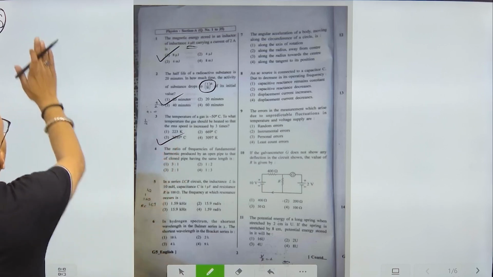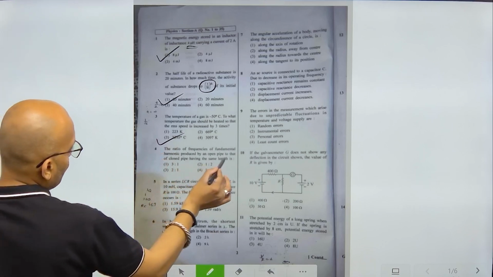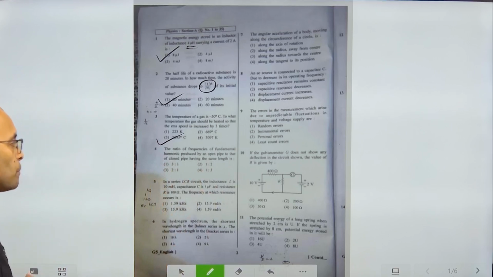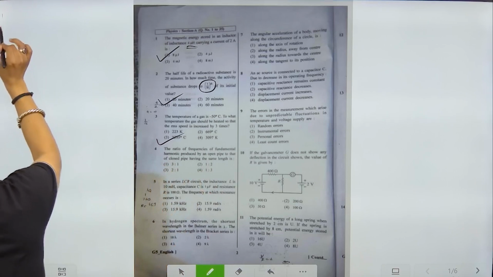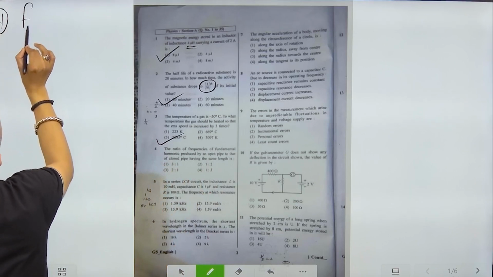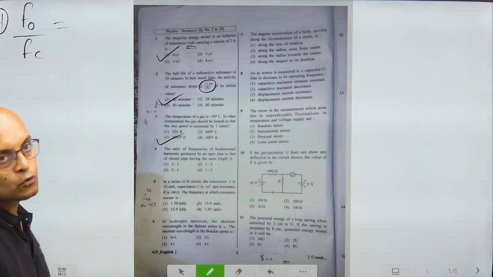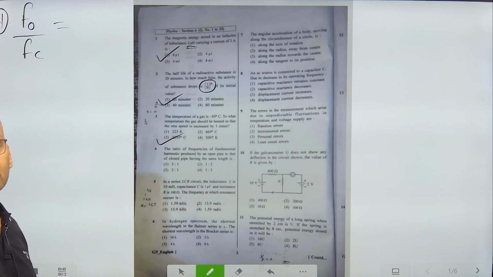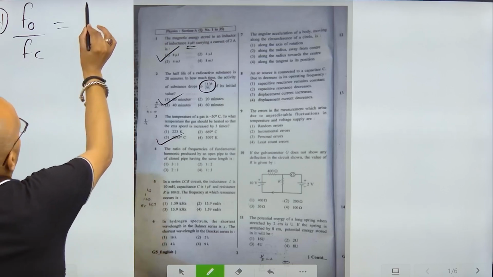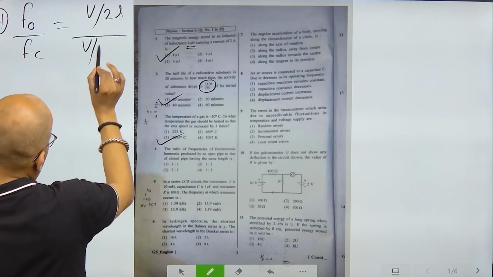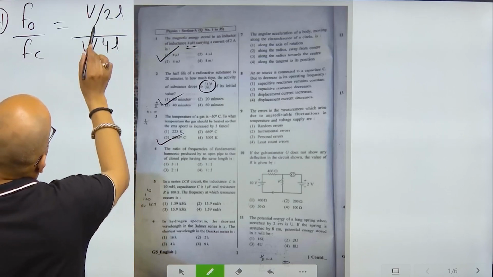Question number 4: the ratio of frequencies of the fundamental harmonic produced by an open pipe to that of the closed organ pipe. So we have to calculate the ratio of the fundamental frequency of the open pipe to that of the closed pipe, and we all know that for an open organ pipe the fundamental frequency is given by the formula V upon 2L, and for closed it is given by the formula V upon 4L.